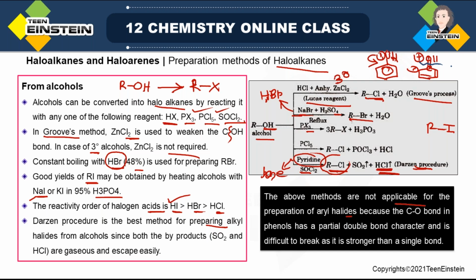Compared to a single bond, breaking a double bond is obviously a difficult process, right? So as there is partial double bond character generation, it is difficult to break as it is stronger compared to a single bond. When it is alcohol, you can easily break this carbon-oxygen bond, but that is not possible in case of phenol, and that is the reason you cannot use all these methods if you want to make aryl halide, that is haloarene.